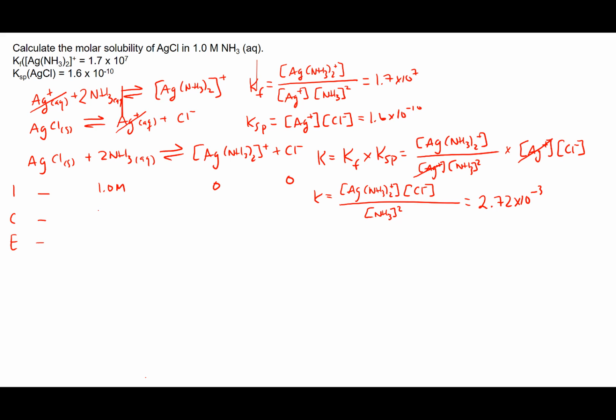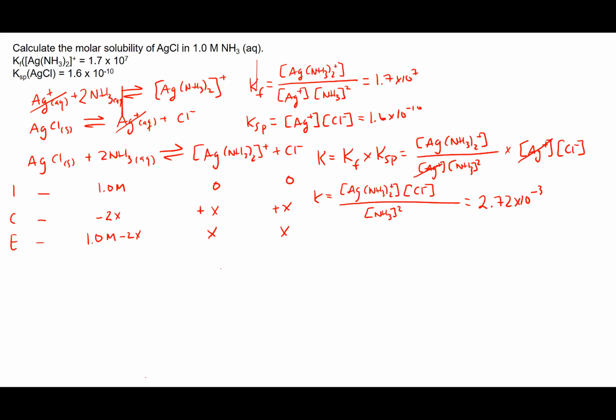And so then the change: we're going to lose 2x of the ammonia in the solution, gain x of the silver amine complex, and gain x of the chloride. At the end, what we should have is 1.0 molar minus 2x of the ammonia, x of the silver amine complex, and x of the chloride ion.